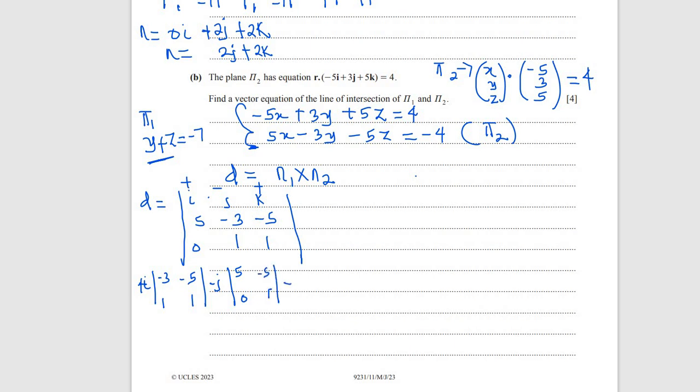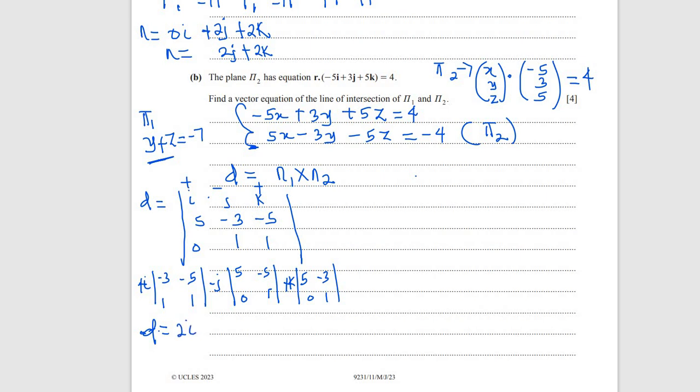And the last one plus k, that will be 5, minus 3, 0, 1. So the evaluation of the first one will give us 2i.